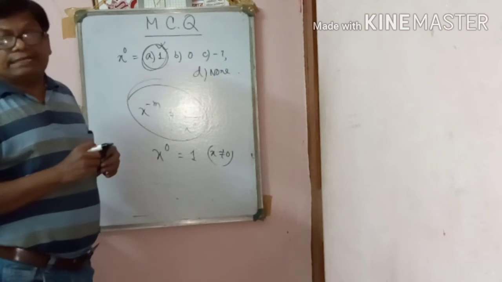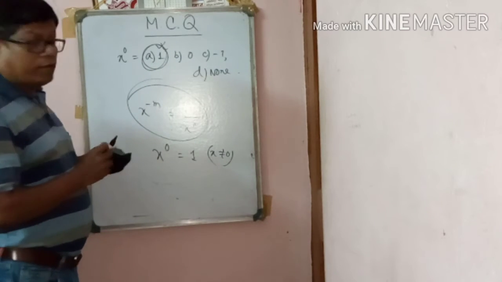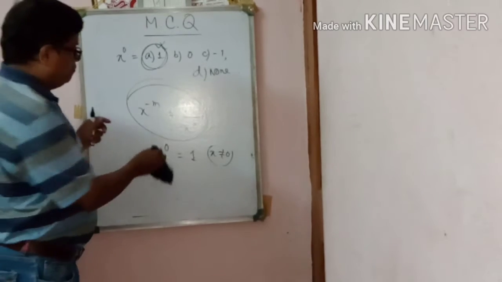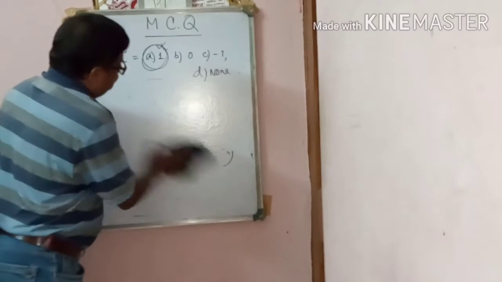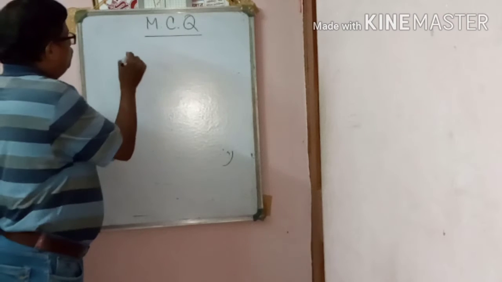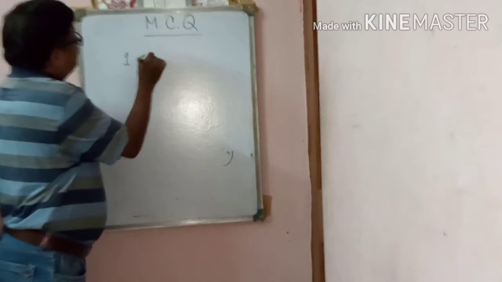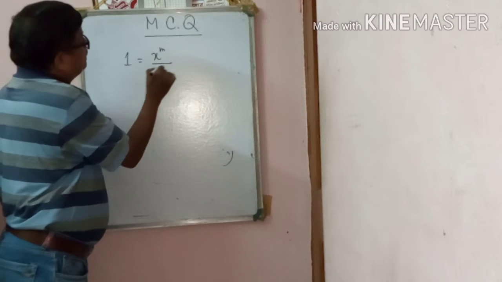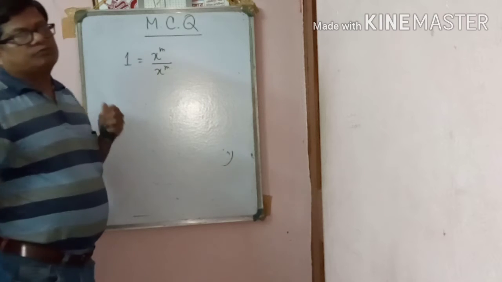X to the power minus n equal to 1 by x to the power n. Look at here. So 1 we can write as x to the power m by x to the power m. Okay.